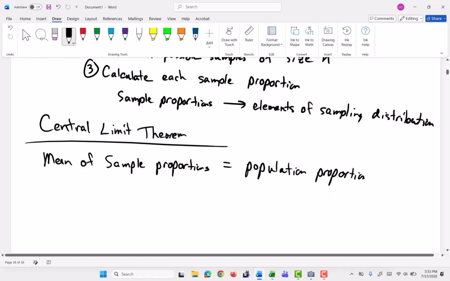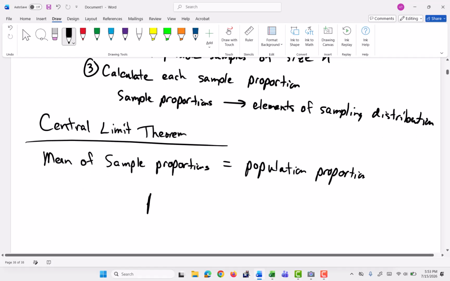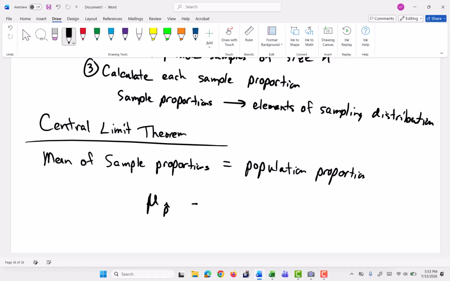So it's all of the possible samples. The sample proportions are p hats for this textbook, and their mean is just equal to p, which is the population proportion.